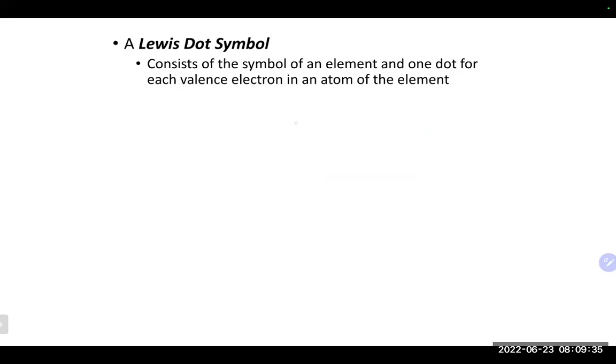There's really no rule other than usually no more than 2 per side. So you could do 2 dots per side as the maximum, which if we filled up all the sides would give you 8 valence electrons, equal to our noble gases.